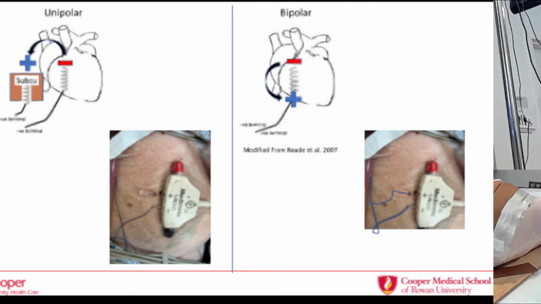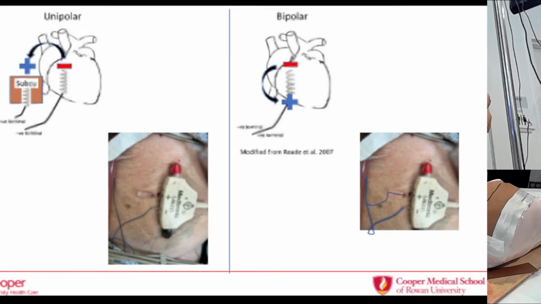So bipolar leads, right? They have two areas on a single sutured wire that will have a negative pole and a positive pole. Okay, so if you think of it here, right? So you have a negative and a positive. They're both on the same wire.